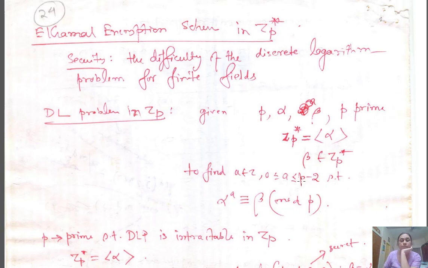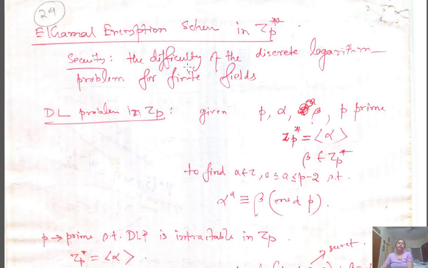Alpha to the power 0 and alpha to the power p minus 1 are both the same: since alpha is a generator, alpha to the power p minus 1 is 1, and alpha to the power 0 is also 1. So the discrete log problem is this: given alpha, beta and p, we have to find an integer a in this range such that alpha to the power a is beta modulo p.